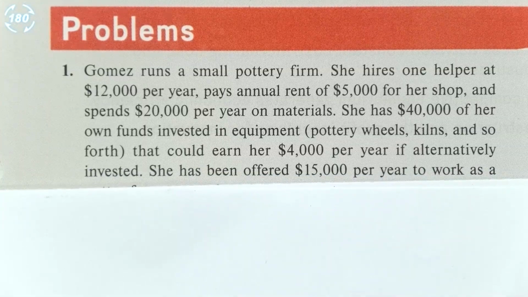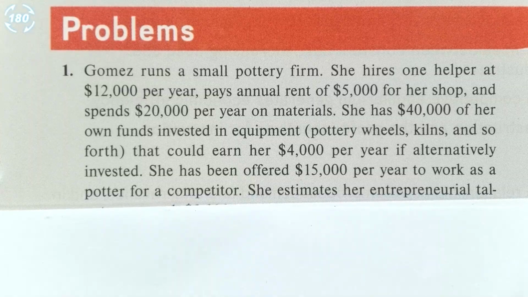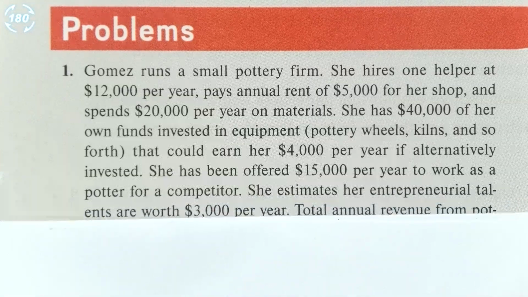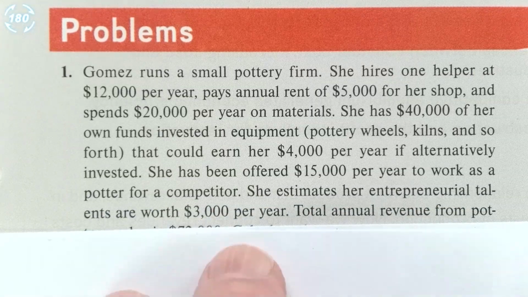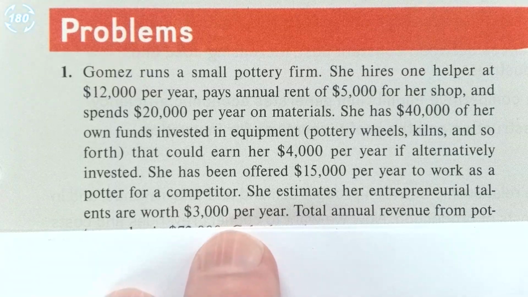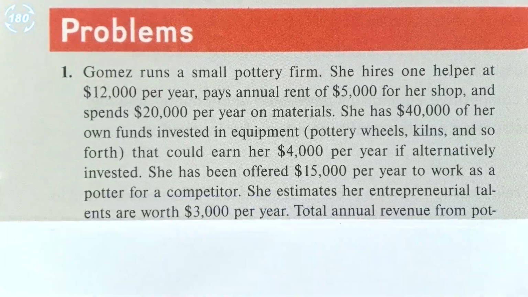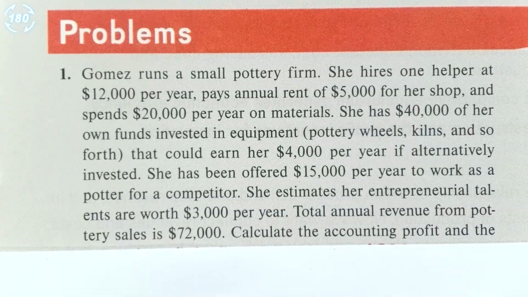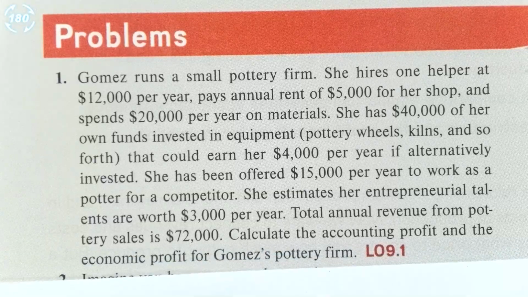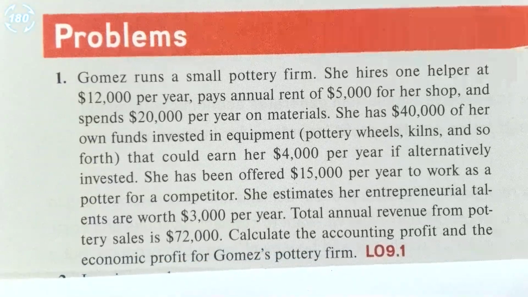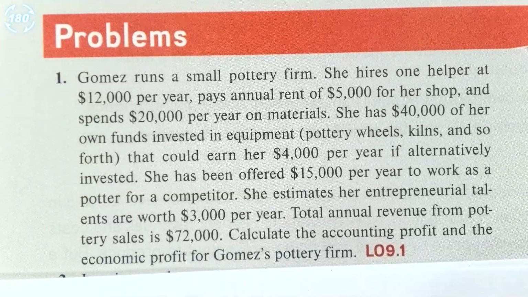She has been offered $15,000 per year to work as a potter for a competitor. She estimates her entrepreneurial talents are worth $3,000 a year. Her total revenue from pottery sales is $72,000. So calculate the accounting profit and the economic profit for her pottery firm.